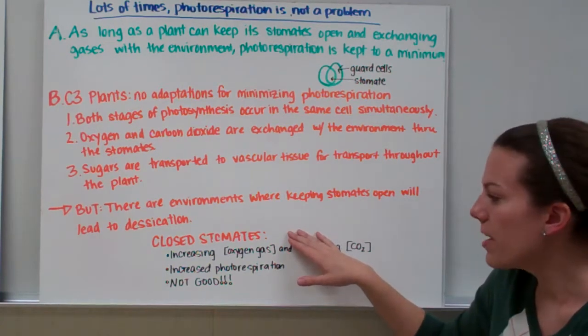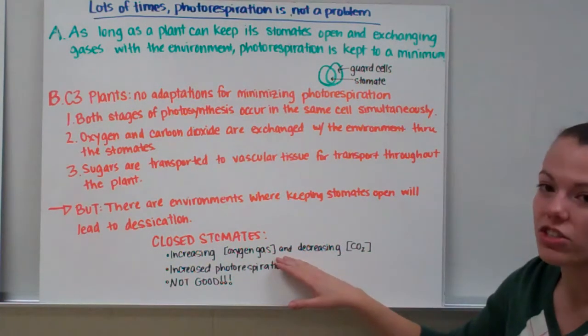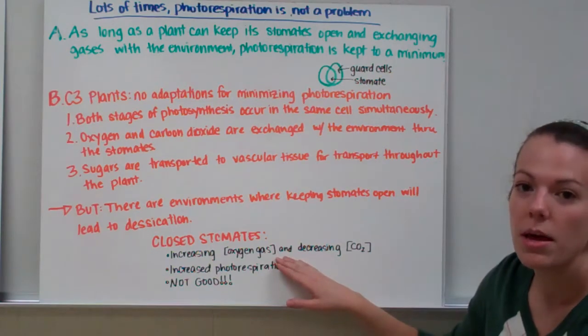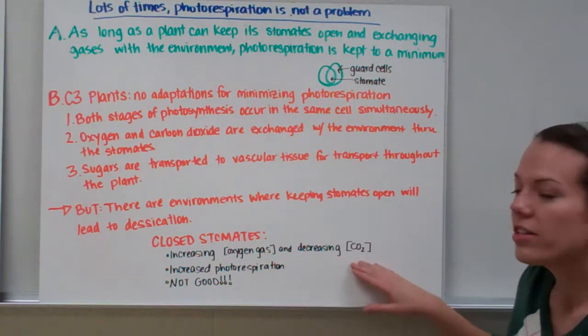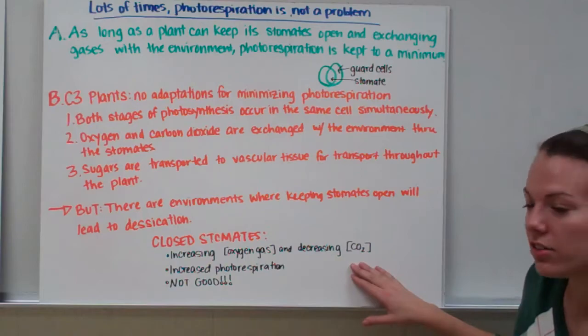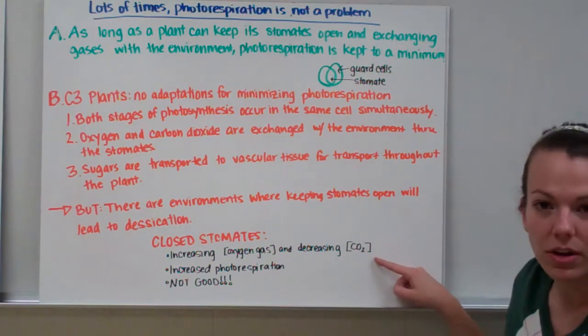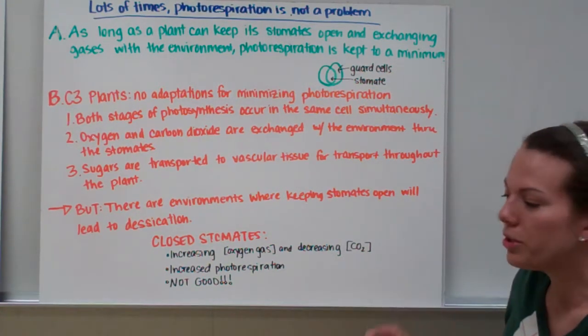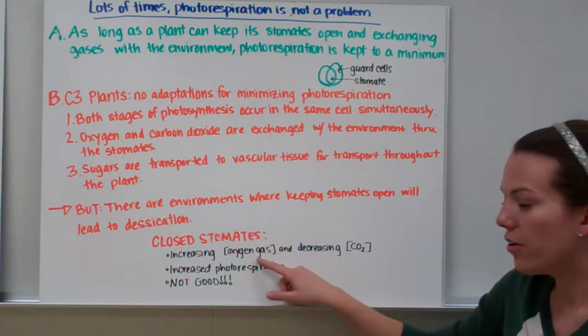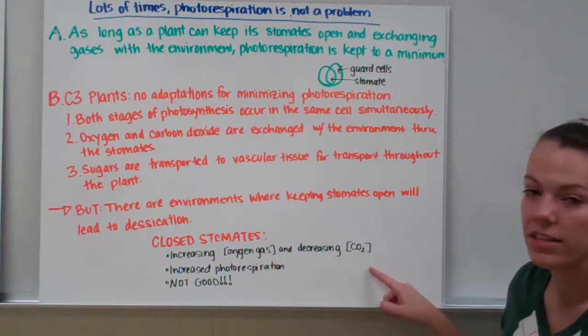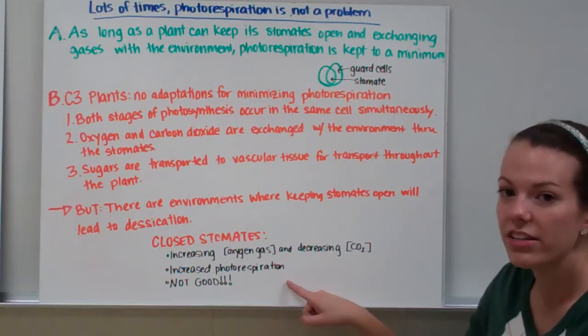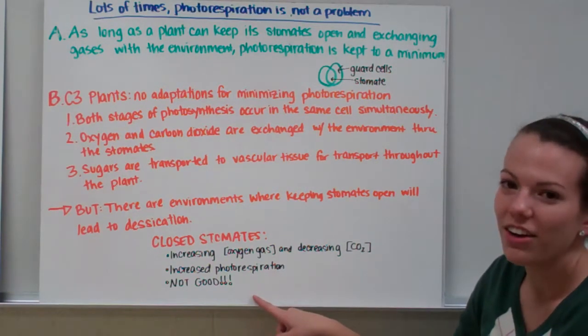When you close your stomates, that leads to an increasing oxygen gas concentration, as produced by photosynthesis, and a decreasing carbon dioxide gas concentration. Remember, when we put brackets around something, that signifies concentration. And when we have increasing oxygen compared to decreasing CO2, that leads to increased photorespiration, which is not good.